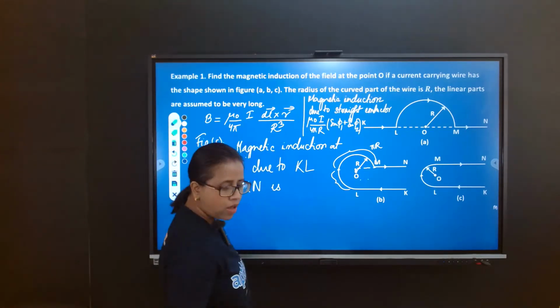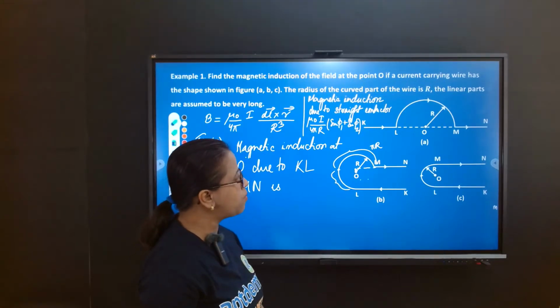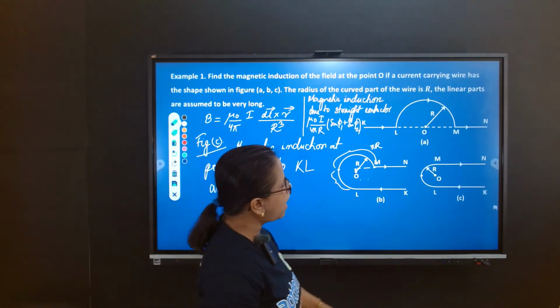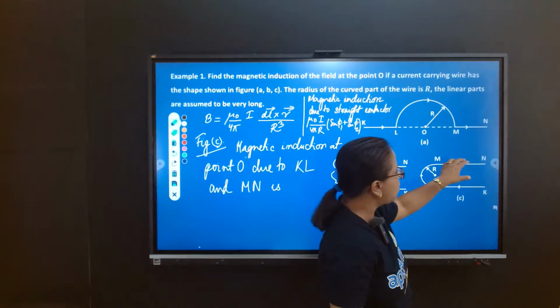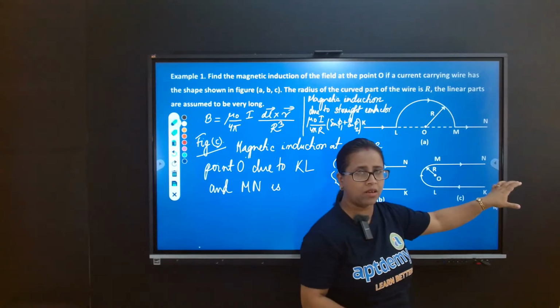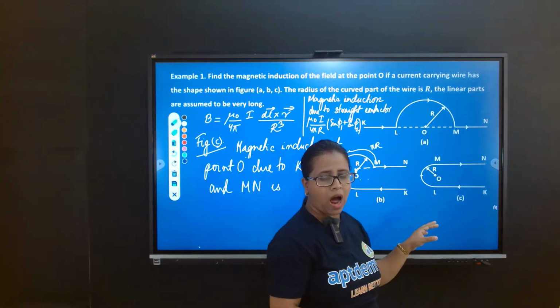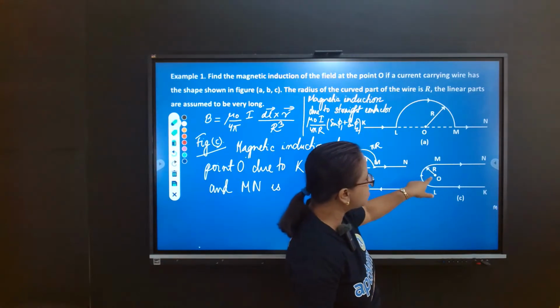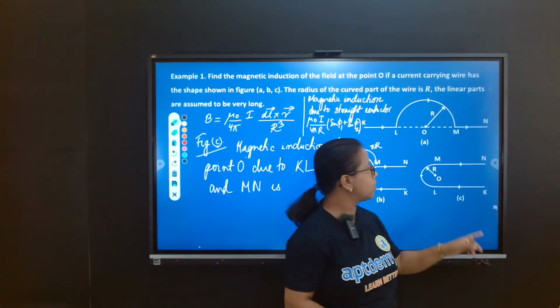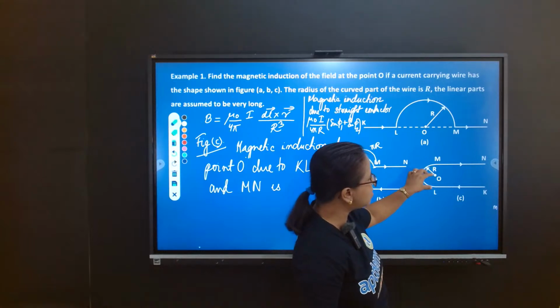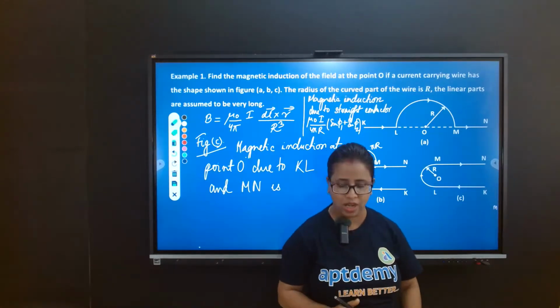If you take a look at the diagram, you can see that KL and MN both are straight conductors and both of them are at equal distances from the point O, that is, the distance is equal to r in each case.